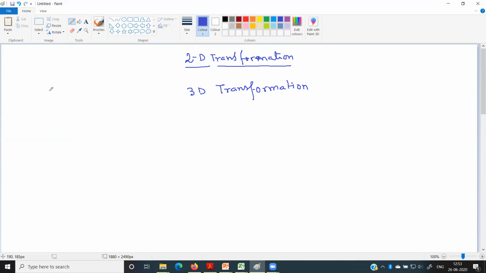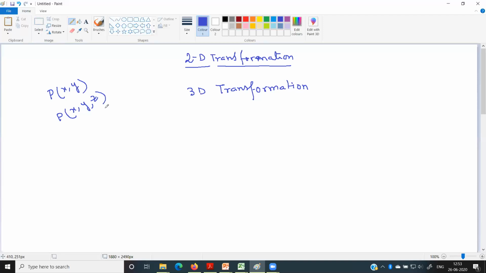If there is a point P, and I want to represent the point P in the 2D plane, the point P will be represented by two coordinates, X and Y. Now if you want to represent the same point P on the 3D plane, we need an additional coordinate, which is called the Z parameter or depth value. So there are three parameters X, Y, Z to represent the point P on the 3D plane.